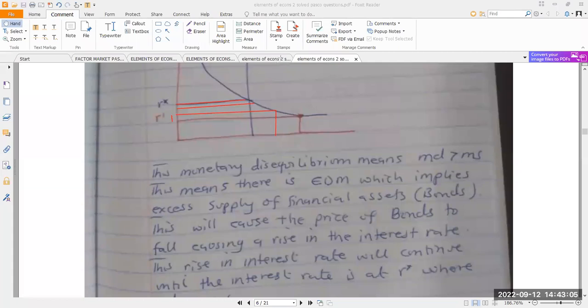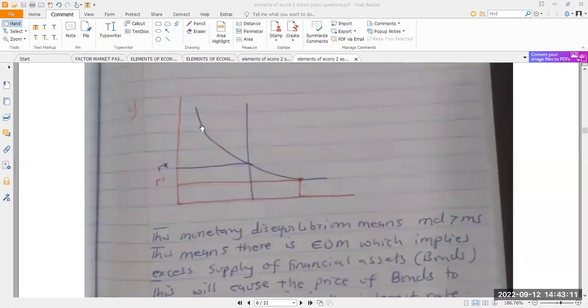Let's look at the other side. Now, just assuming we pick a point here, okay, there is a point here. At this point, you will see that the supply of money is more than the demand for money. So interest rates will be lower than the equilibrium interest rate.